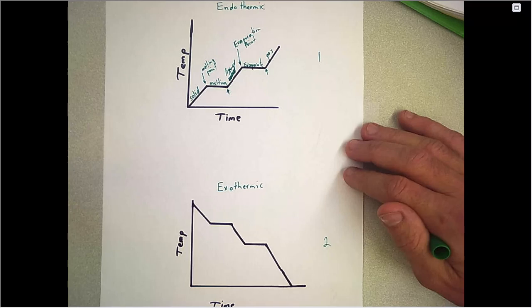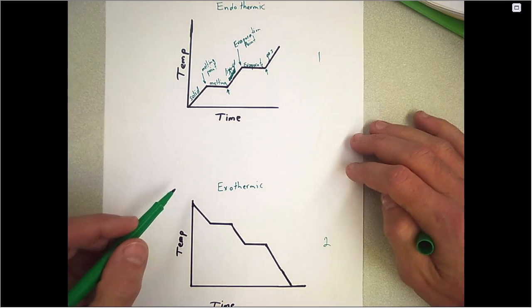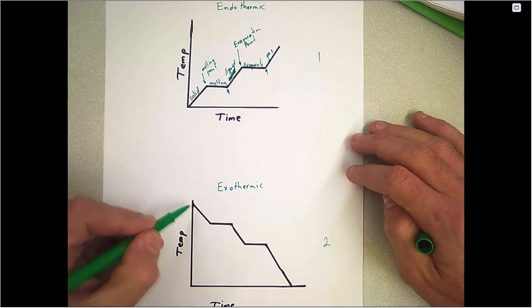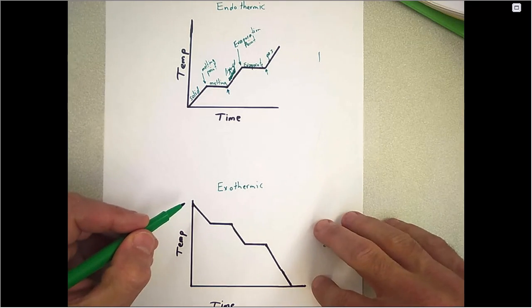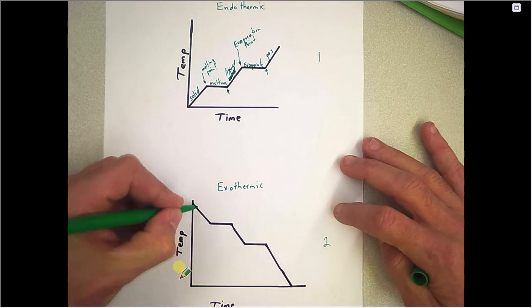Okay? Let's go down to exothermic. If we're starting this exothermic phase change, we are starting with the temperature being the highest, or the most energy. So this substance starts out as a gas.